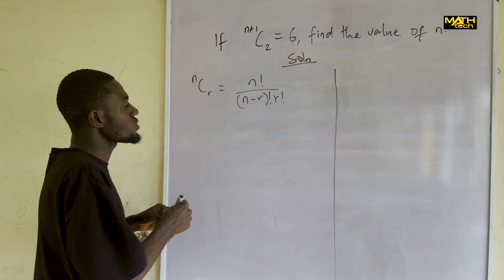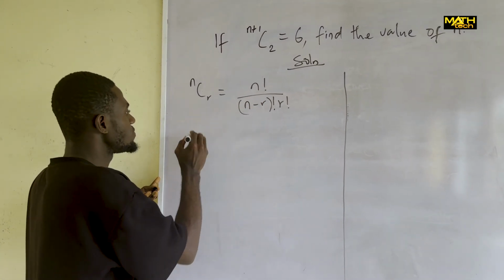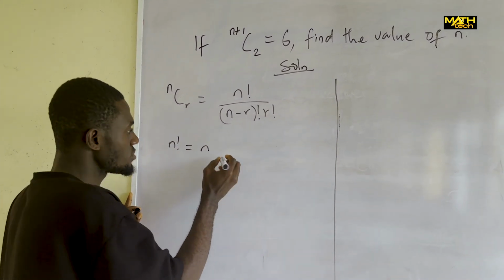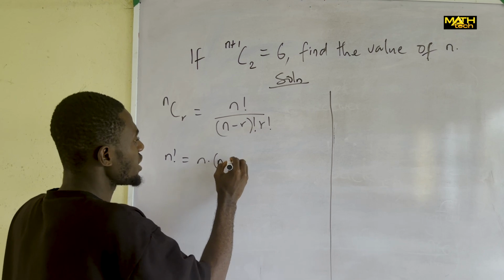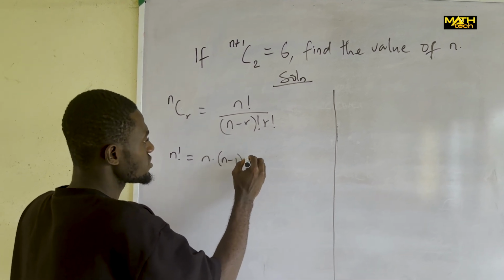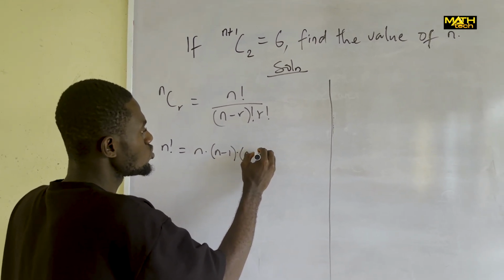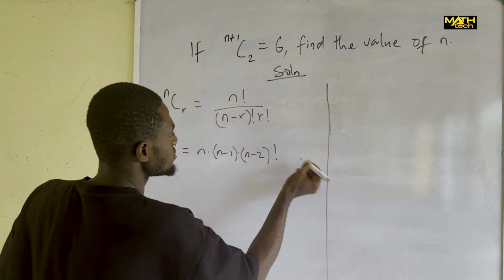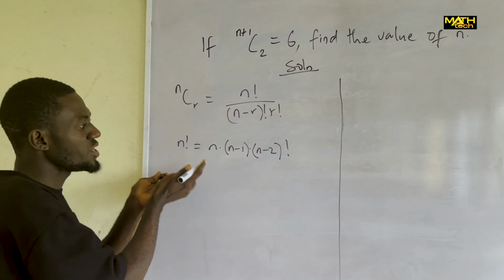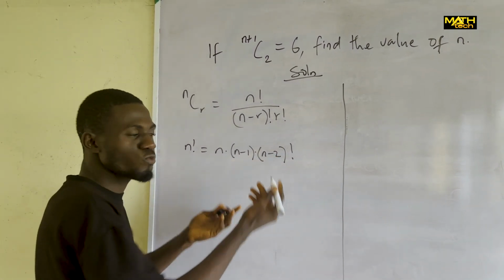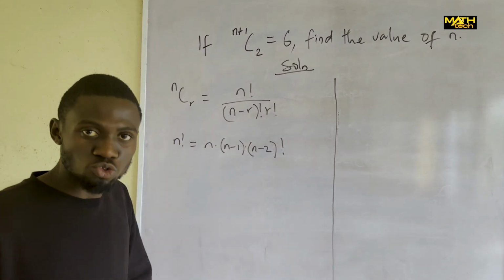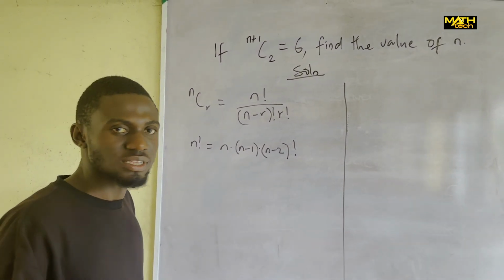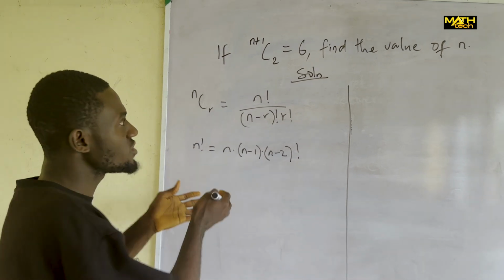But simply, n factorial is n times n minus 1 times n minus 2, and it keeps running down. So subtracting 1 after each multiplication, that's just the concept of factorial. But as we dive deep, you will understand it.